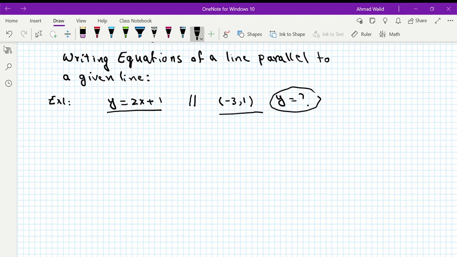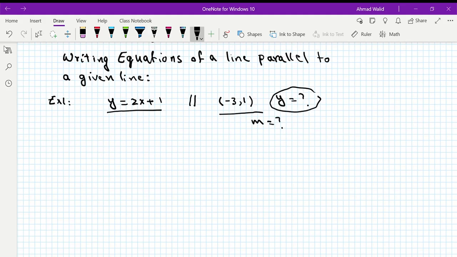If you remember, the other day, I told you that whenever you want to write the equation of a line, definitely you need a slope and at least one point. Okay, I have the point, but I don't have the slope for this line. Then how to write the equation?